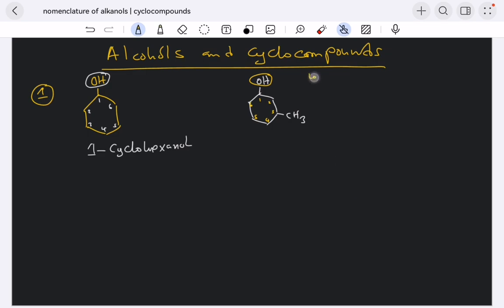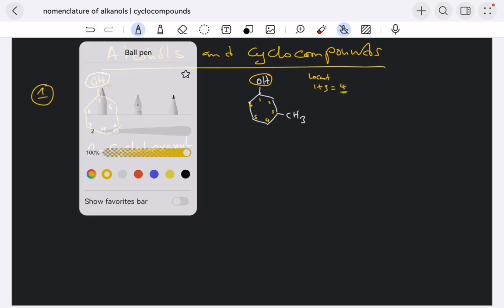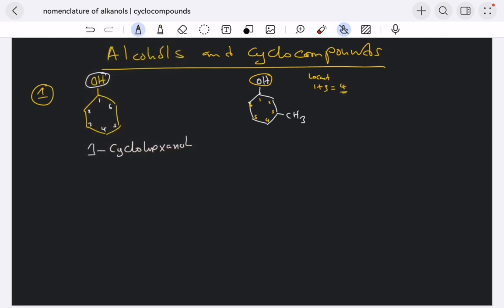Because here, when you check your locant, you have hydroxyl at position 1 and you have at position 3 methyl, so your locant is 4. But you can do the opposite counting, which is 1, 2, 3, 4, 5, 6. And for this one, you realize that at position 1 you have hydroxyl, but at position number 5 you have methyl, which gives you a 6. So this one is wrong. So the correct counting is that one.